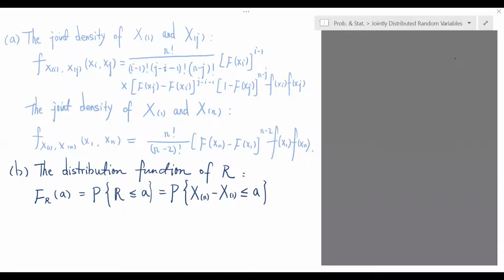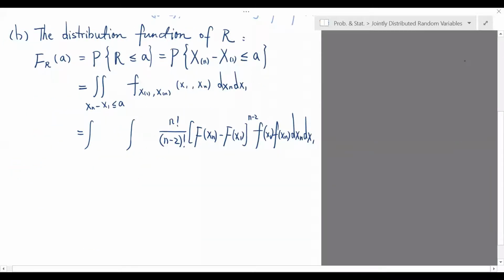With the joint density function, we can start to find the distribution function of the range, which is simply the integral over the given region xn minus x1 less than or equal to a of the joint density function. Note that the joint density function expression is only valid when x sub n is greater than x sub 1.